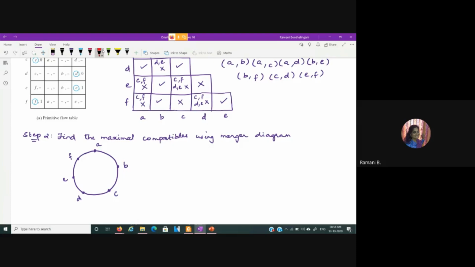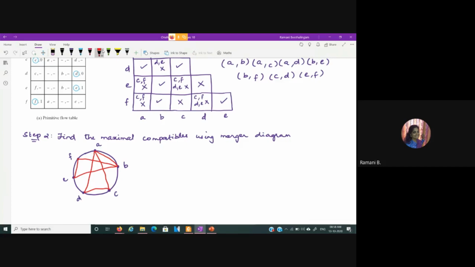So you have A comma B, so draw a line from A to B. Then A comma C, so draw a line from A to C. Then A to D. Then B to E. Then B and F. Then C, D. Then E, F. Okay?